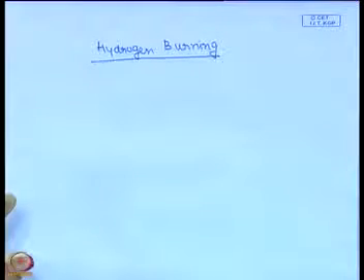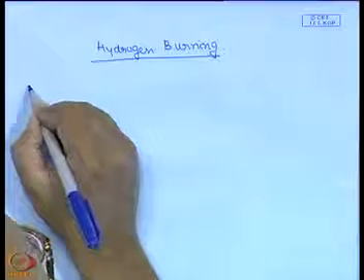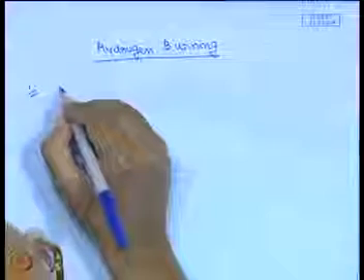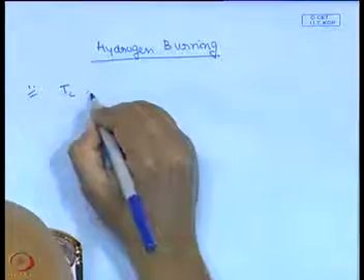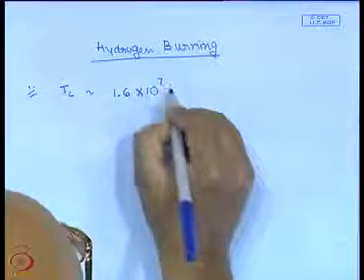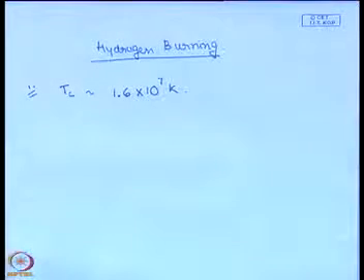So, the problem again has two parts. The first part: we know that the temperature at the core of the sun is around 1.6 into 10 to the power 7 Kelvin. So, let us estimate the average energy of a particle, of a proton, at this temperature.